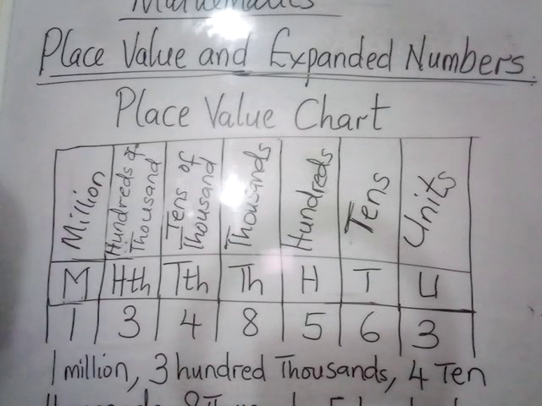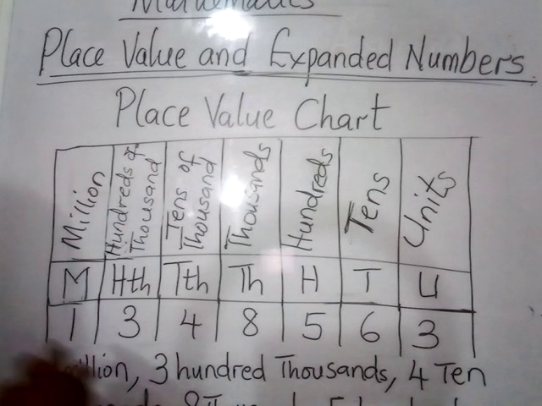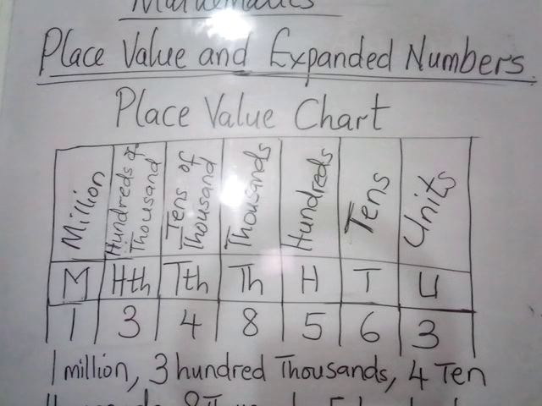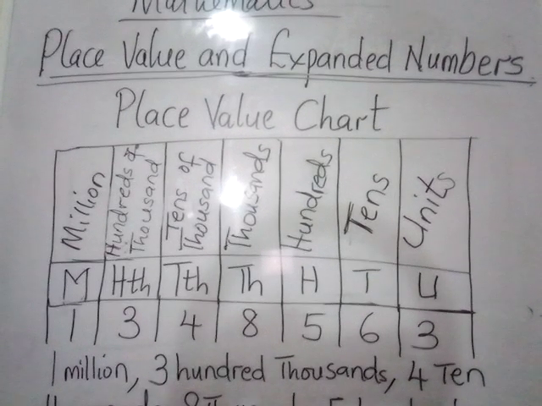We're going to see how place value differs from the value of a digit, and then we're going to also see how this whole chart can help us in naming numbers.